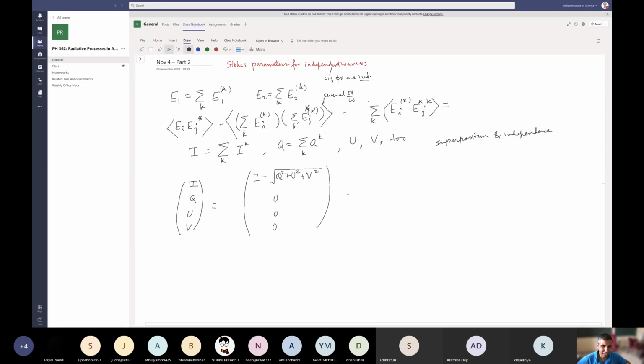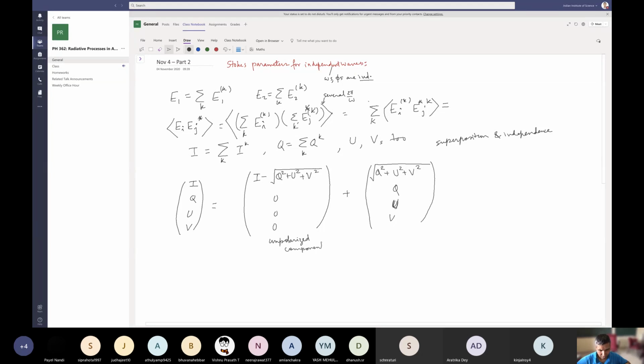We can write it as a linear superposition of these two: the square root of Q squared plus U squared plus V squared, and Q, U, V. They obviously add up to give this. Can someone tell me why we would like to write it as this and this? One part is completely unpolarized and the other is polarized. Absolutely. This has Q, U, and V equal to 0, which means this is the unpolarized component.